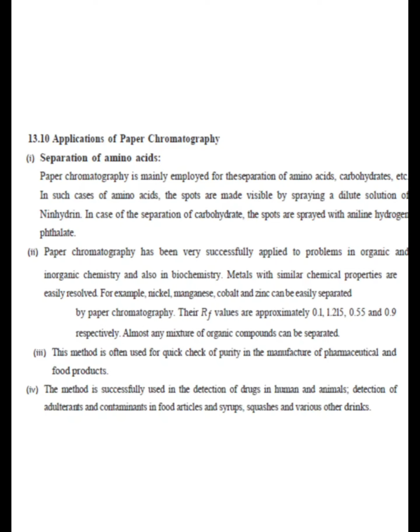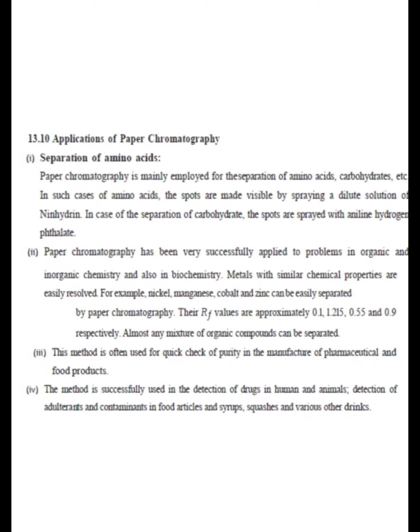For the preparation of the solution of the sample, means in which solvent you are going to dissolve that sample and spot on the paper, and the application of the sample solution, the development of the chromatogram, how the bands are formed in paper chromatography, and drying of this paper. The filter paper should be dried after running the solvent so that the bands can be visible.